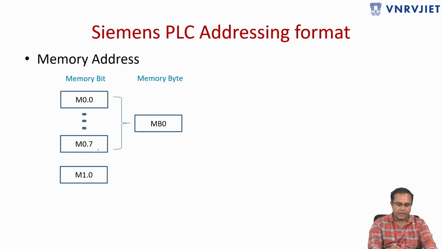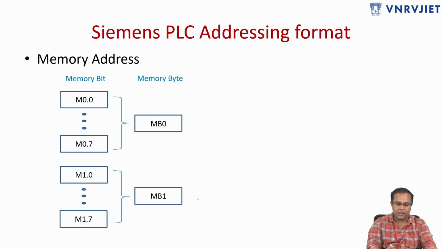Similarly, the next after M0.7 is M1.0, and so on up to M1.7. These are another 8 bits, again represented as MB1. This MB1 register consists of M1.0 to M1.7 bits, and MB0 consists of M0.0 to M0.7 bits.